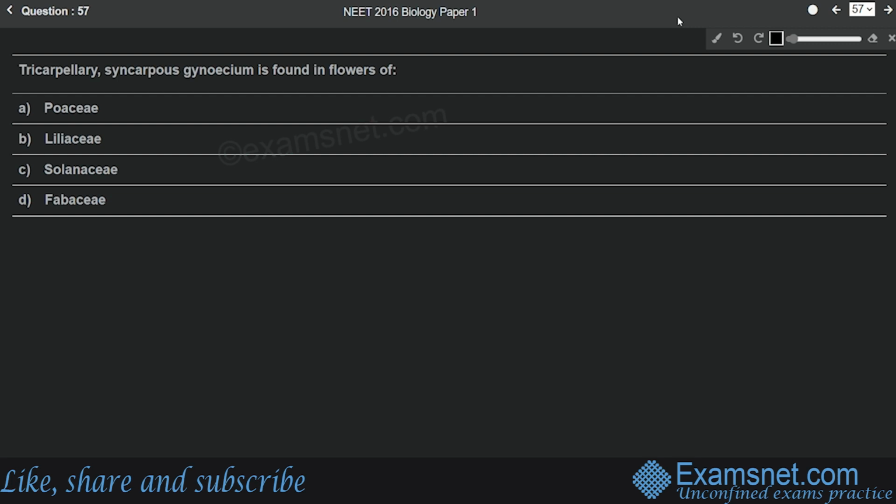Question number 57 is from the chapter Morphology of Flowering Plants, and the question is Tricarpellary Syncarpous gynoecium is found in the flowers of. Options are Poaceae, Liliaceae, Solanaceae and Fabaceae. So what is meant by tricarpellary? First we know that carpels are the female reproductive organs of the flower, right?